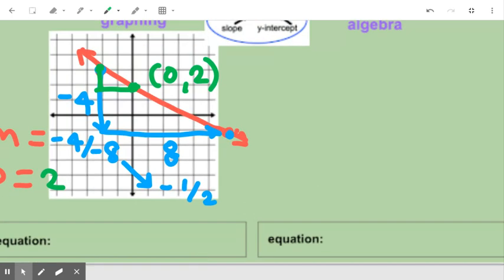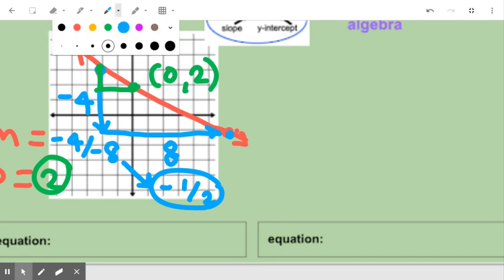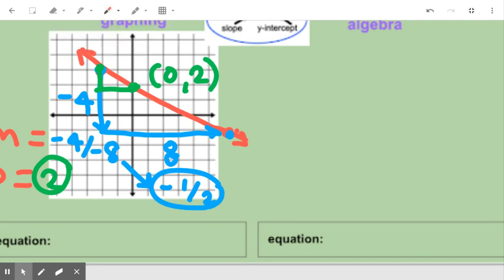Now that I know my b is 2 and my slope is -1/2, my actual equation is y equals -1/2 x plus 2. If I'm doing this graphically, that is how I get my answer.